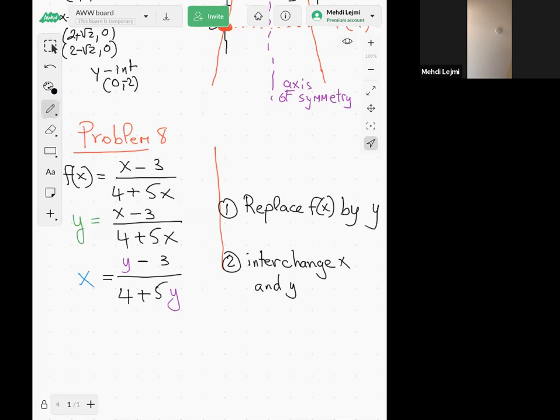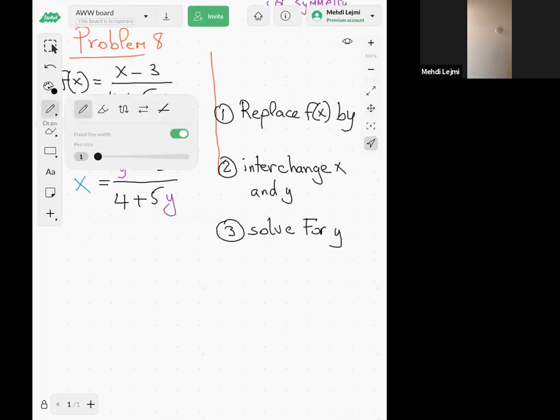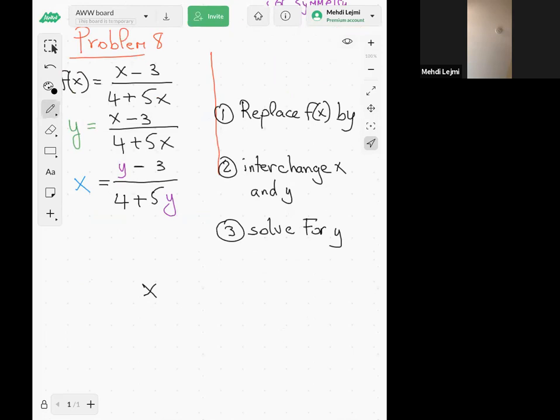Now, last step, which is the main step, we have to solve for y. So how do we solve for y? Well, again, this is when you have a fraction, guys. So this is x, and you have a fraction on the right side, (y minus 3) over (4 plus 5y).